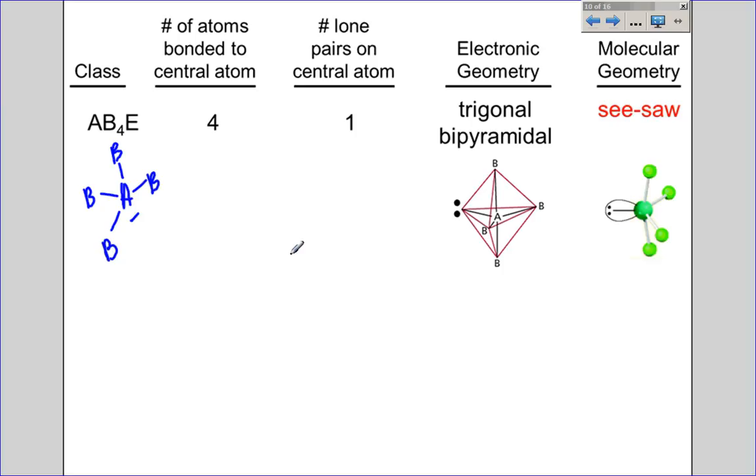So the way that I draw this, I know my basic trigonal planar geometry, and I replace this bonded pair with my lone pair. Now, the shape of this is a seesaw. In order to be able to see that, you need to flip this on its side.